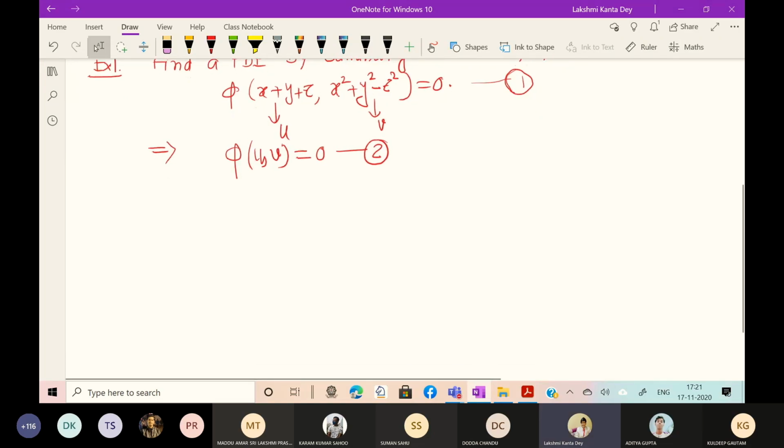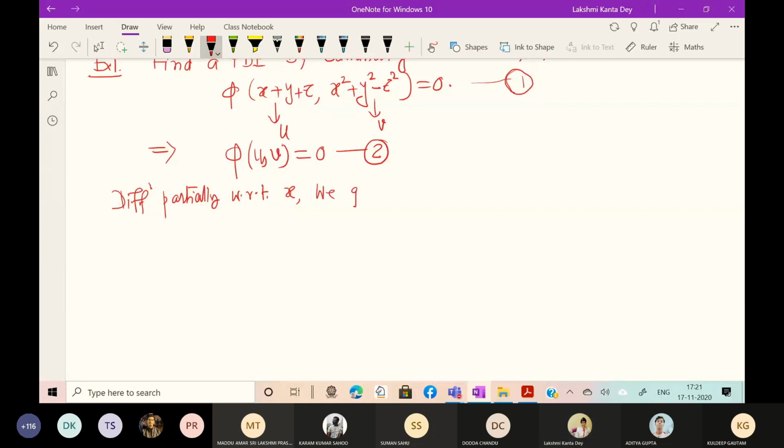Next we differentiate partially with respect to x. What do we get? This will be phi u into (1 plus p). What is your p? Who can recall? P is zx. Sir, zx. Very good. What is your q? Zy. Sir, zy. Very good.